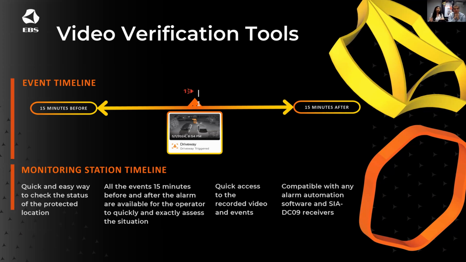You can also check this information on your app, and of course, it is also available in the alarm automation. And we have to take into consideration that we are compatible with software using CAD09, which is a very standard protocol worldwide. So it's a very easy process and easy to integrate.